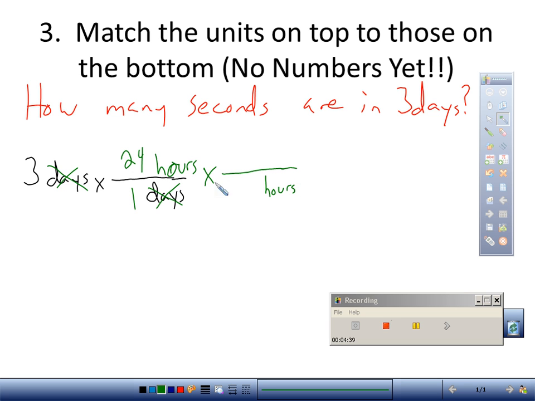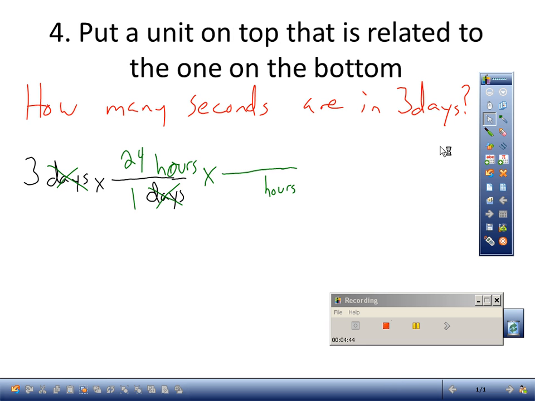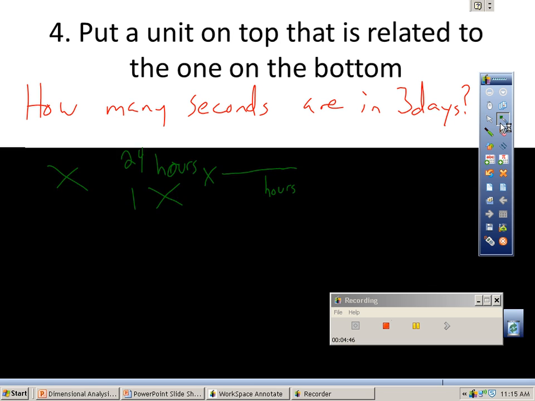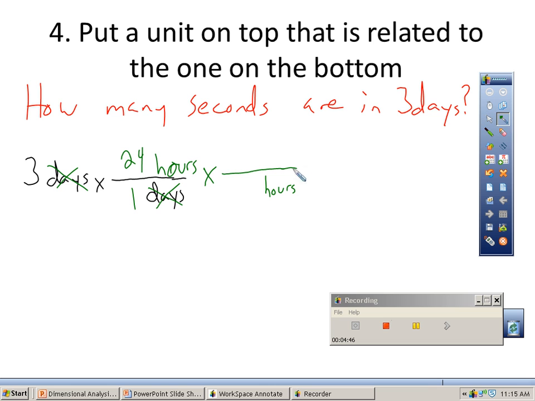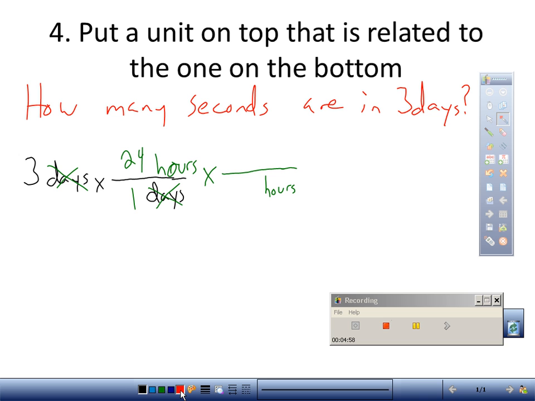And I only match the units, never the numbers. Okay, number 4, put a unit on top that is related to one on the bottom. So I'm in hours, and I'm trying to get to smaller units, seconds, but I can't go directly from hours to seconds, but I can go from hours to minutes.